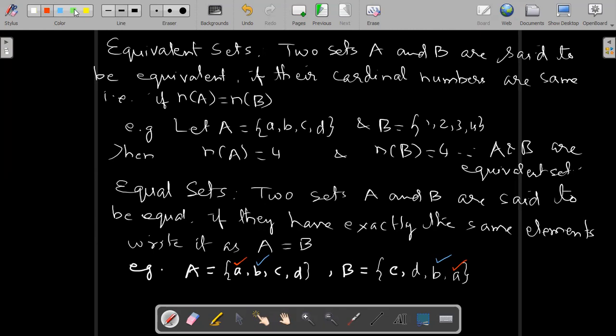Like this, you have to check each and every element. c is also here, and d is also here. So all four elements are exactly the same. Therefore, we can say that A is equal to B. These are the two equal sets. Got it? So we are left with some examples based on equivalent sets and equal sets, and then this topic will be finished. You can have the next.